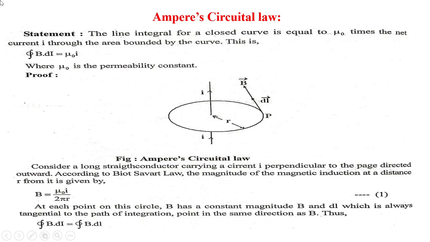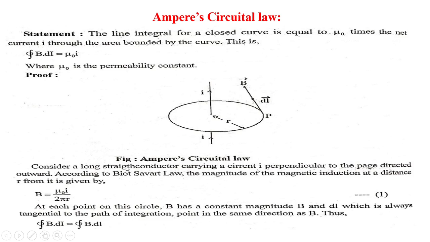Statement: the line integral of B around a closed curve is equal to mu 0 times the net current I through the area bounded by the curve. That is, the line integral of B dl equals mu 0 I, where mu 0 is the permeability constant. Now see the proof of this statement.